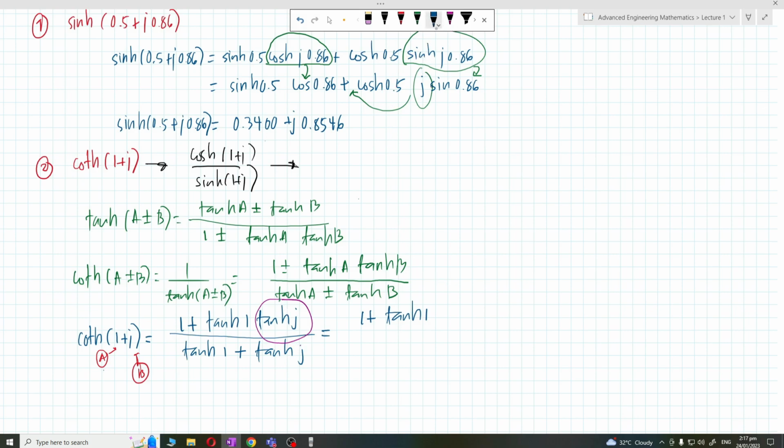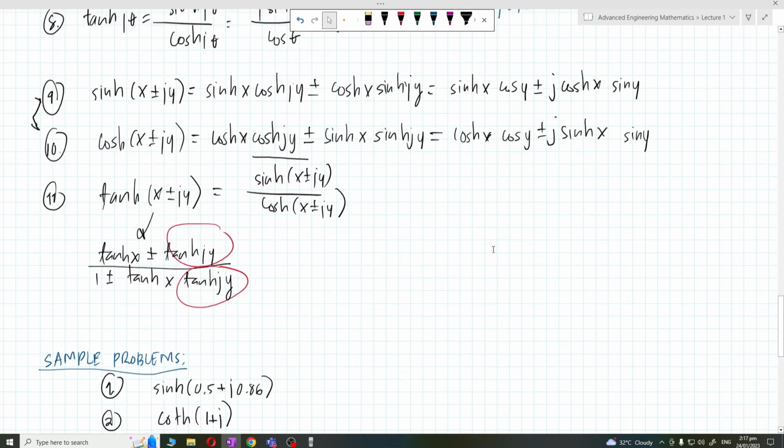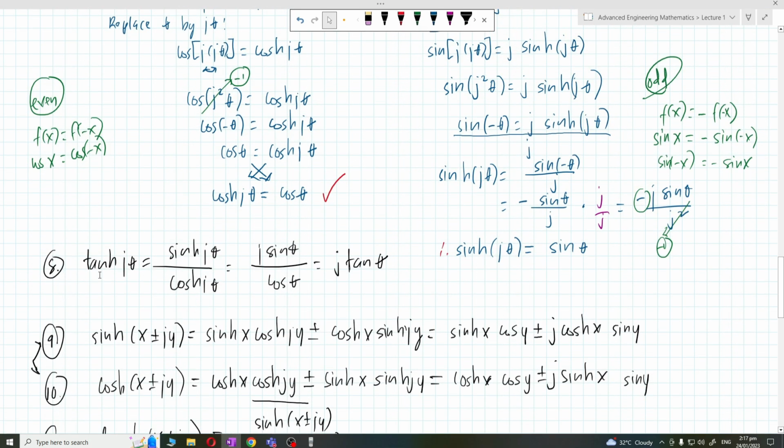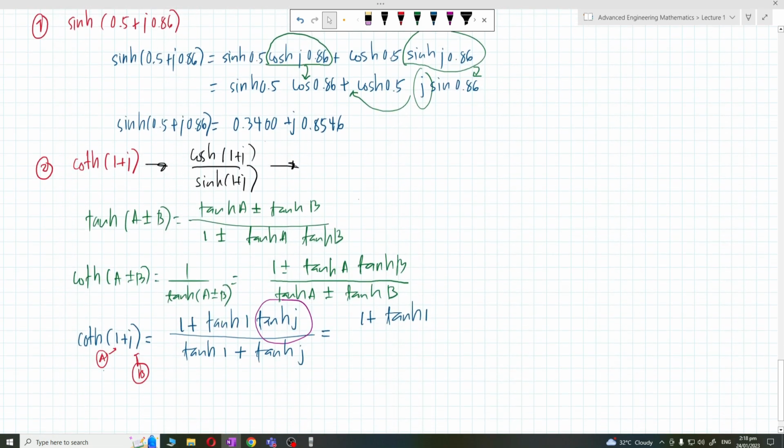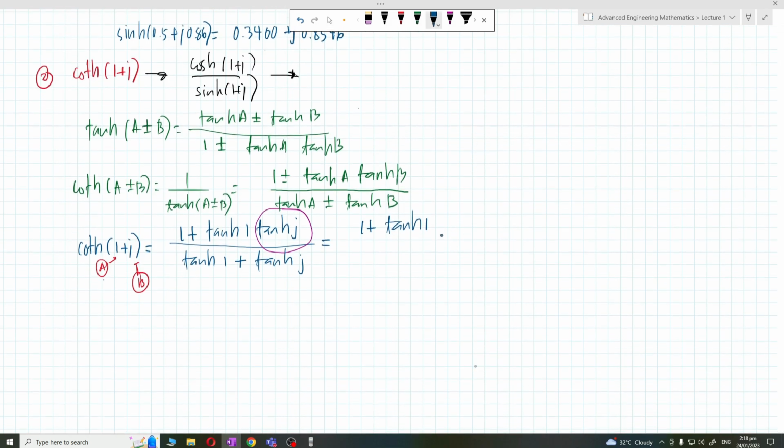Ito yan guys sa formula number 8: tan hyperbolic of j theta, labas yung j, magiging trigo yung katabi ng j. So tan theta. Pag j lang, understood, the angle is 1. So tan hyperbolic of j is the same as j tan of 1, over tan hyperbolic 1 plus j tan 1.